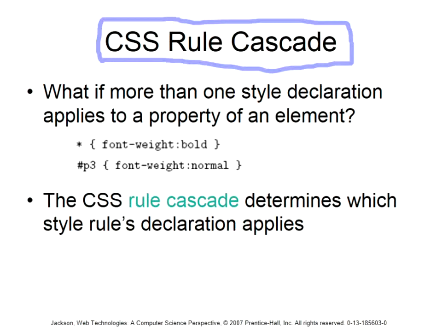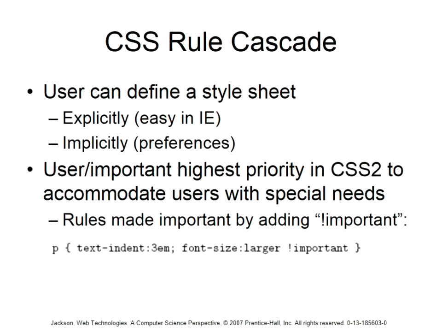For example, here we have star font-weight bold and ID P3 font-weight normal. So we will apply this rule or this rule for a tag with ID equal P3. This is the question. So the CSS rule cascade determines which style rule declaration applies.